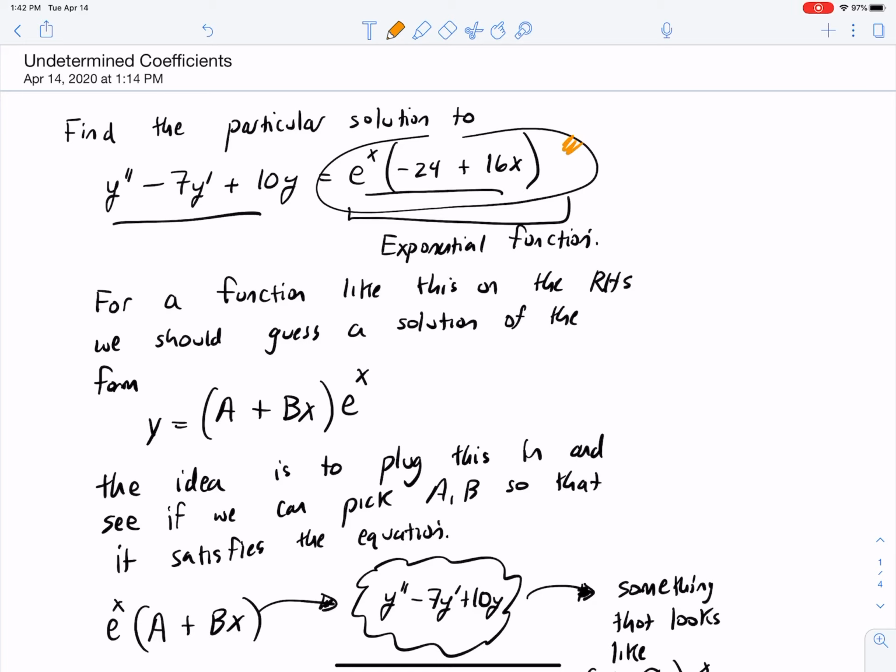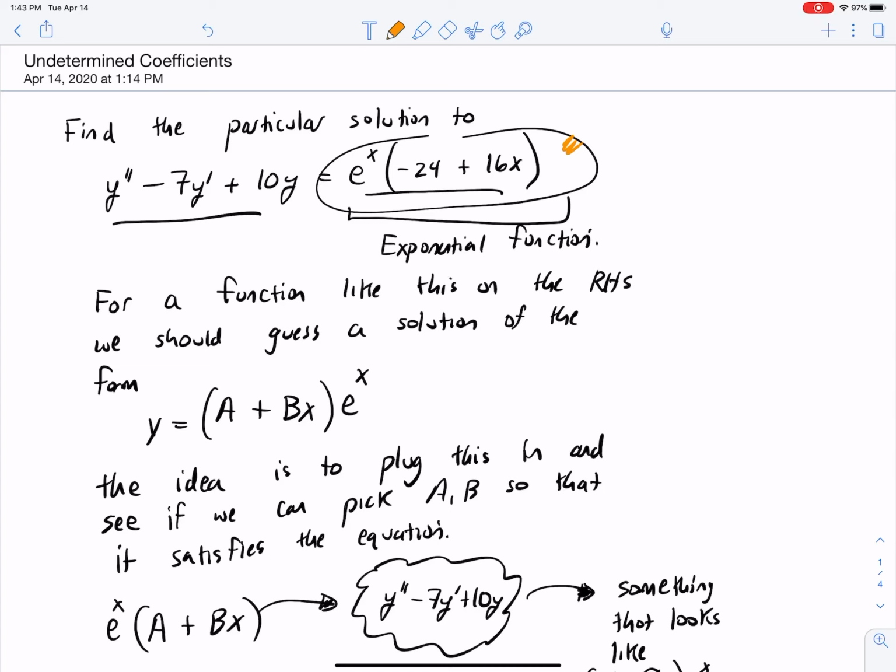It's particularly effective for problems that have exponentials or trig functions on the right-hand side, because for those, you'll see there's a pattern for generating a good guess. So undetermined coefficients is basically an educated guess technique for solving these differential equations.